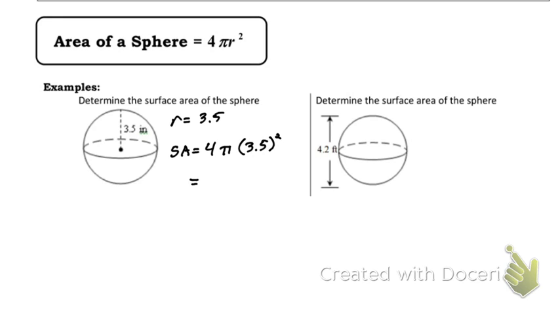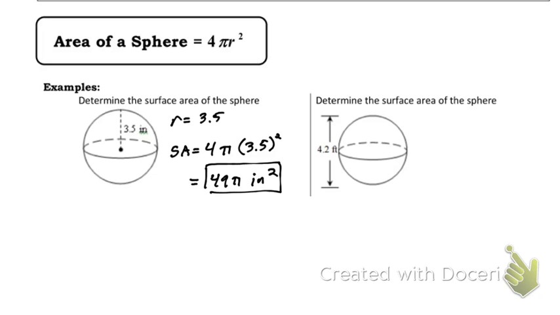That's going to come out to just 49 pi. And we were given inches, and since it's area, it'd be inches squared. We have 49 pi inches squared. Once again, in my calculator, I do 3.5 squared, and then I multiply by 4. Probably the easiest way to do that. Am I correct that it's 49? Can someone confirm that? Yeah.